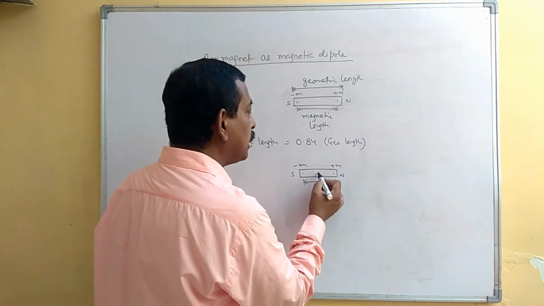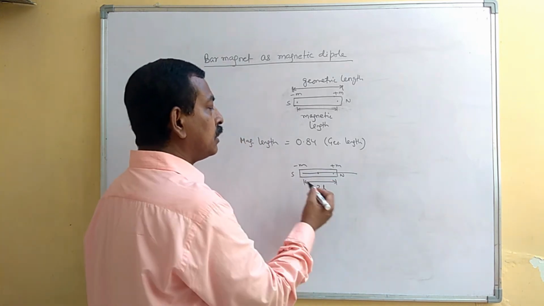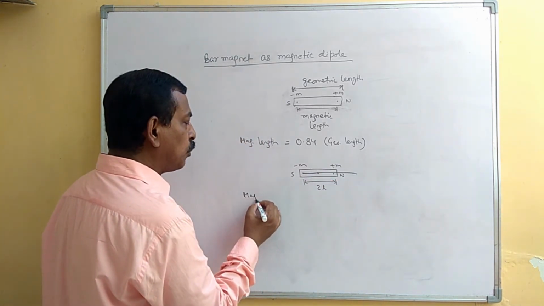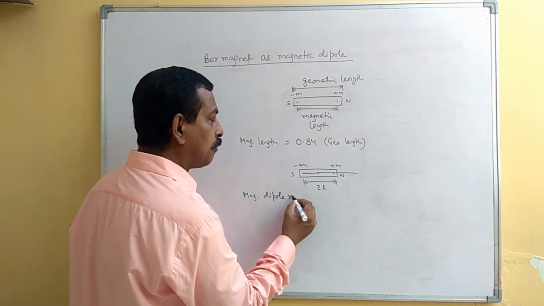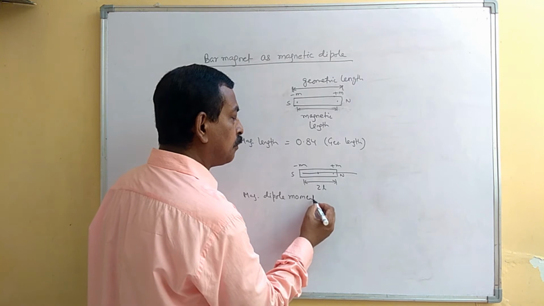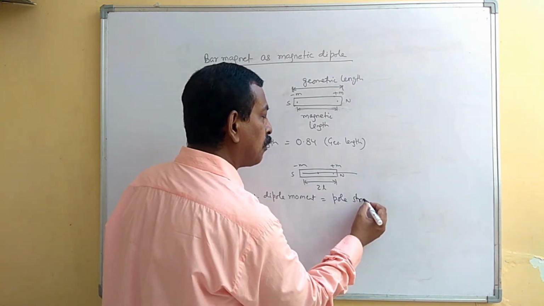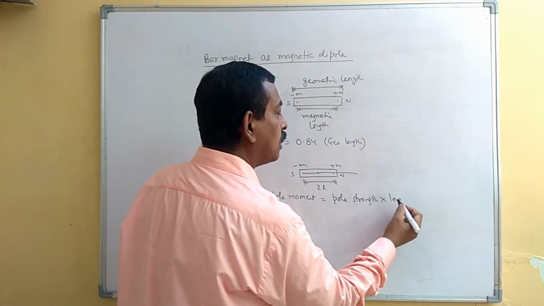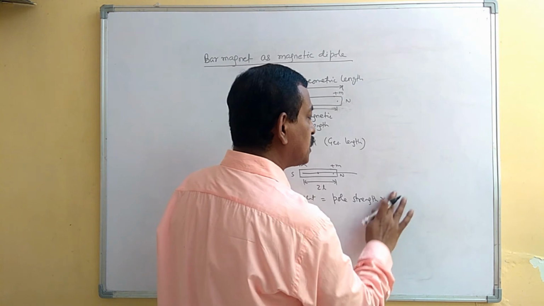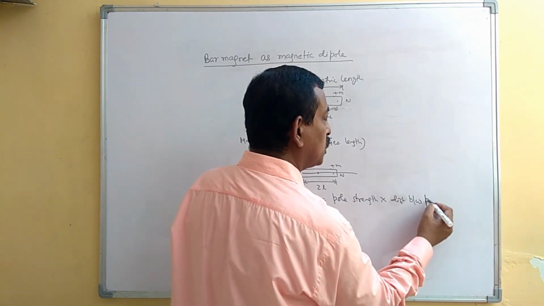Now, if this is the center of the dipole, the magnetic dipole moment is the pole strength multiplied by the distance between the poles.